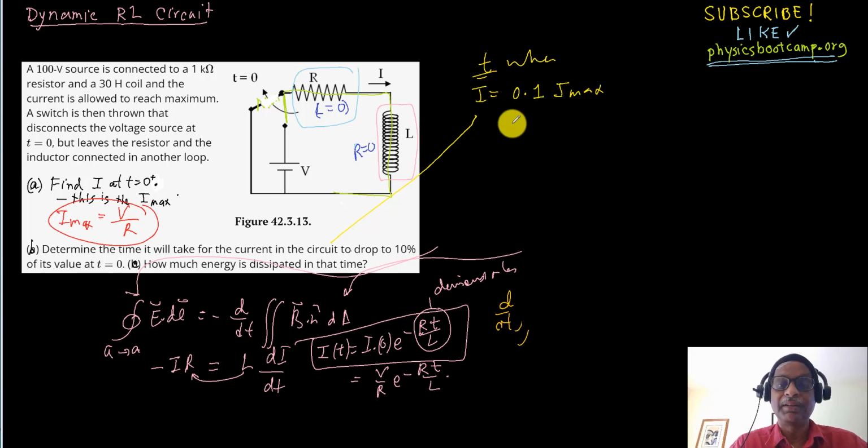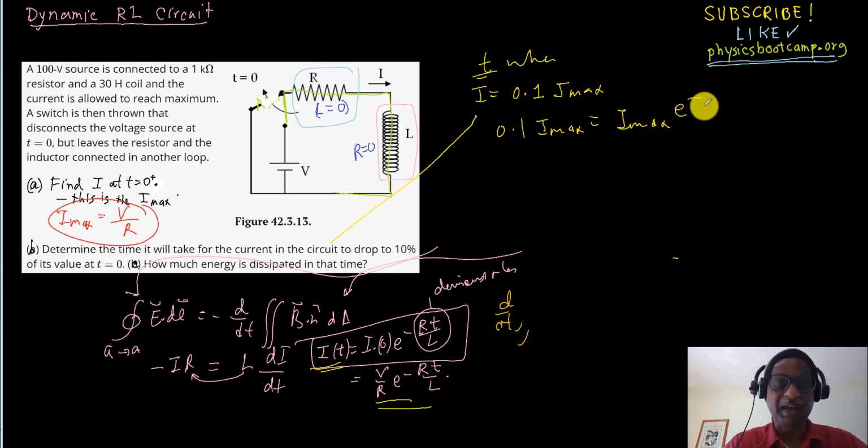That's what we want, right? So in this equation, we just do 0.1 Imax equals Imax e to the minus R over L, R over L t. So of course Imax cancels out from both sides, and take a log.